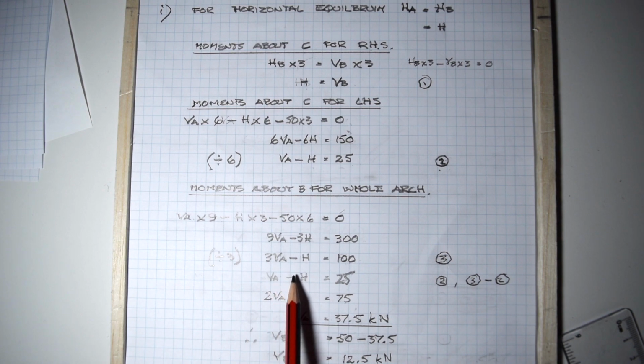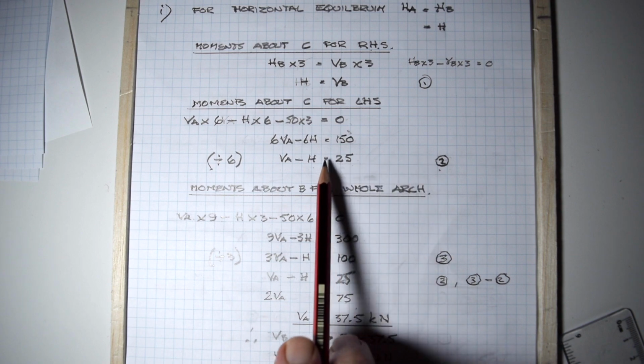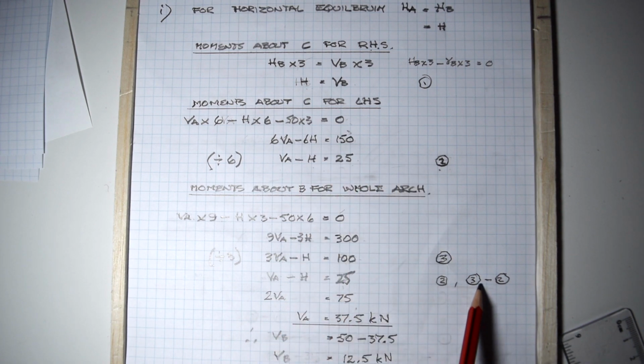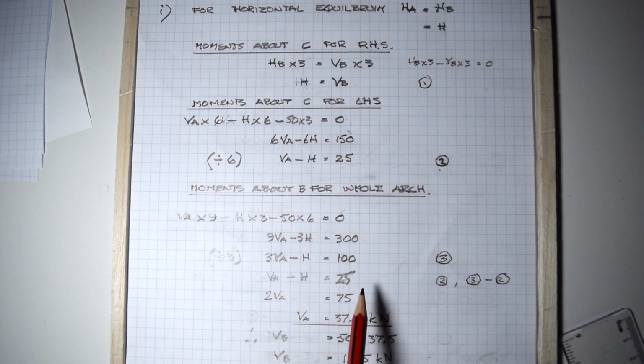We bring down equation 2, VA minus H equals 25, and we subtract 2 from 3, which leaves us with VA equal to 37.5 kilonewtons.